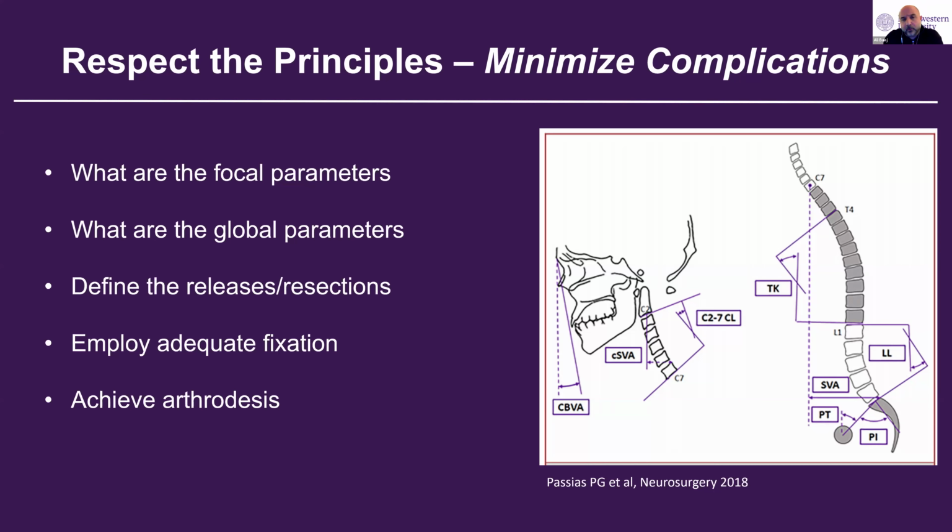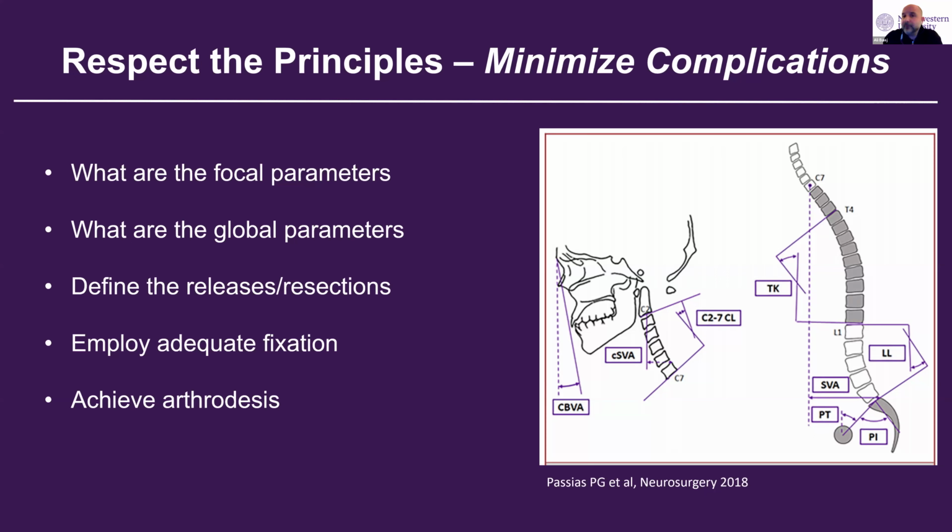So once you understand the focal and global parameters, you want to look at the releases and the resections. Where do you want to release and where do you want to resect? Whether it's anterior or posterior, or sometimes, in fact, many times, it is a combination of front back or back front, etc. You want to employ adequate fixation with cervical spinal deformity surgery. Again, not unlike the thoracolumbar spine. This is not an area where you want to go short or you want to shave some levels.